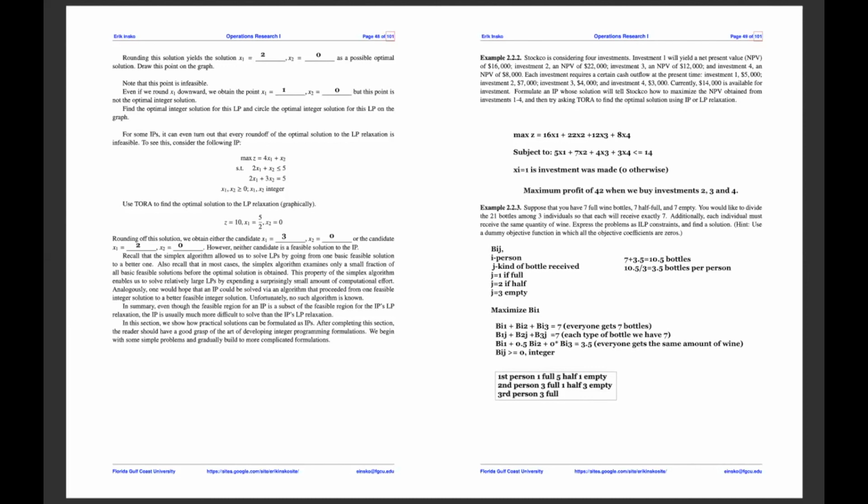So the first person got 3.5 bottles of wine and 7 bottles total. And the second and third person each got 3 plus 1 plus 3, which is 7 bottles total, and 3.5 bottles filled with wine combined. So everybody got the same number of bottles and the same amount of wine. So this is the final solution.